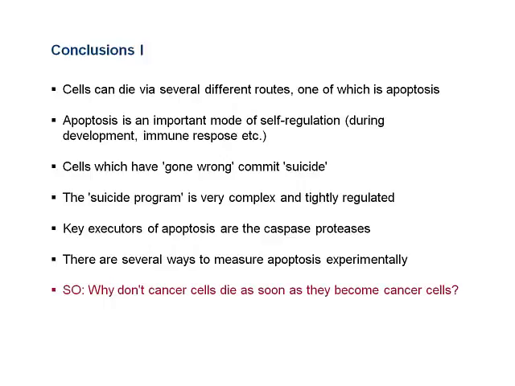Which brings us to the end of our lecture, which I hope you have enjoyed, and the key points you should have taken home. I've hopefully shown you convincingly that cells can die via many different routes. There are many different forms of programmed cell death. Apoptosis is one of them, and in my not so humble opinion, probably the most important form.